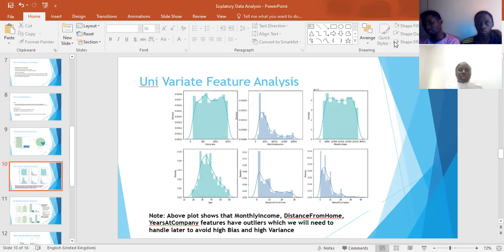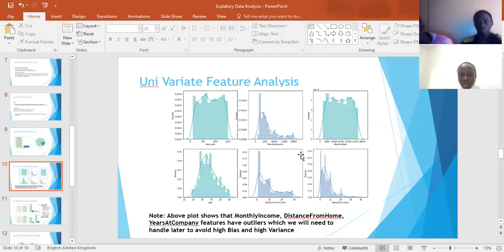On univariate feature analysis, we used histograms, and if you check our note down here, we are saying the analysis shows that monthly income, distance from home, and years at company have outliers, which we shall handle later to avoid high bias and high variance.